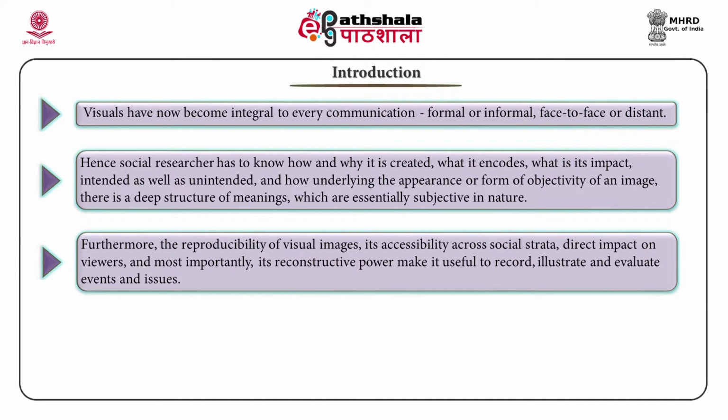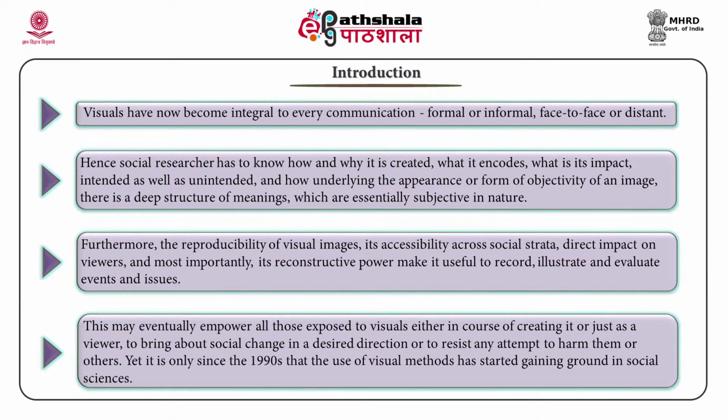Furthermore, the reproducibility of visual images, its accessibility across social strata, direct impact on viewers, and most importantly, its reconstructive power make it useful to record, illustrate and evaluate events and issues. This may eventually empower all those exposed to visuals either in course of creating it or just as a viewer to bring about social change in a desired direction or to resist any attempt to harm them or others.